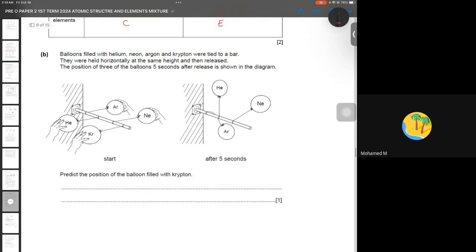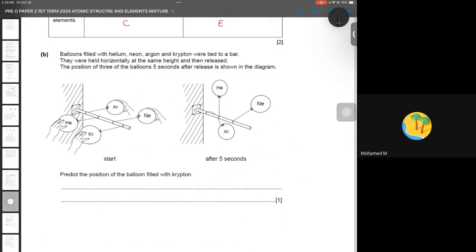Now see this. Predict the position of the balloon filled with krypton. Balloons filled with helium, neon, argon, and krypton were tied to a bar. They were horizontally the same length. Helium went up, neon went like that, and argon dropped.